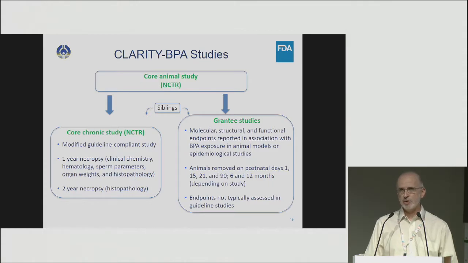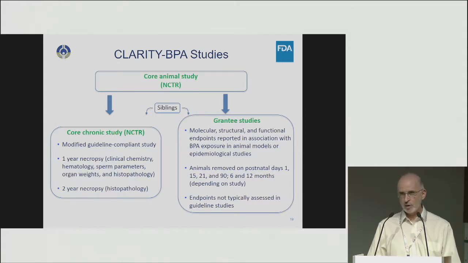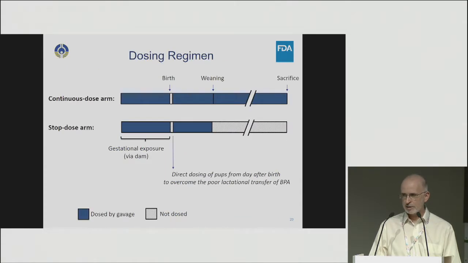Siblings of the animals used in that study were given to the grantees for various molecular, structural, and functional endpoints reported in the literature to be associated with BPA. The animals were removed from postnatal days 1 up to 12 months, depending on the study. And all these endpoints are endpoints that were not typically included in guideline studies.